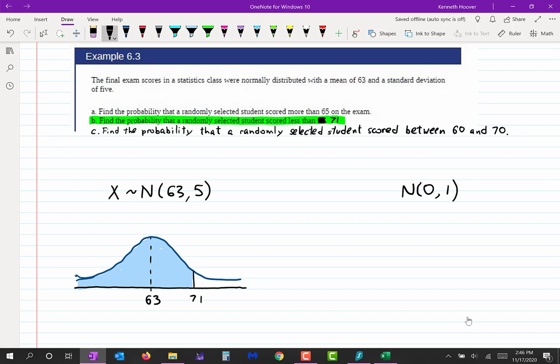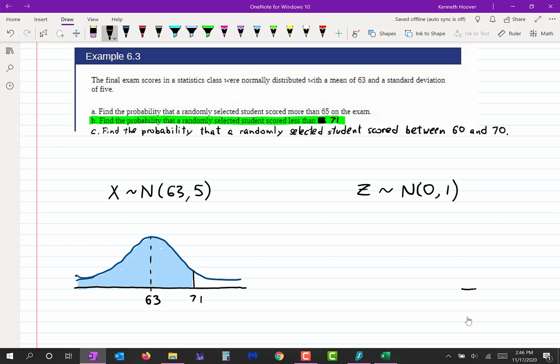We don't have the numbers for the normal distribution with a mean of 63 and a standard deviation of 5. Only the normal distribution with a mean of 0 and standard deviation of 1, the one that we call the standard normal distribution. That's the one that has the numbers in the table at the back of the book. That's the one that has the numbers programmed into Excel.